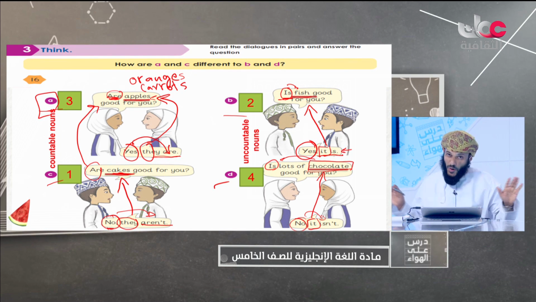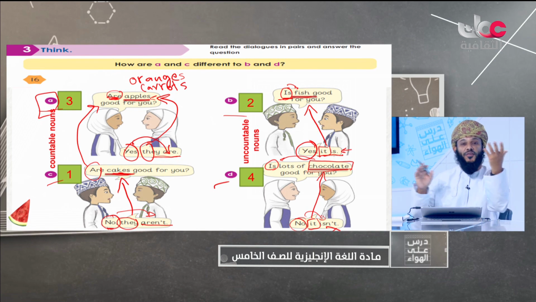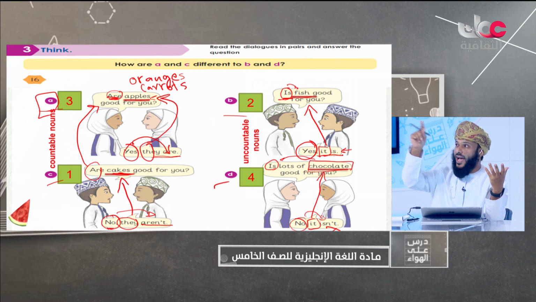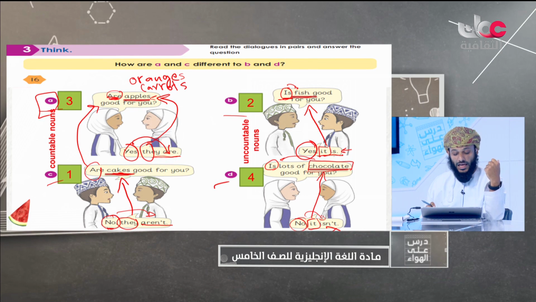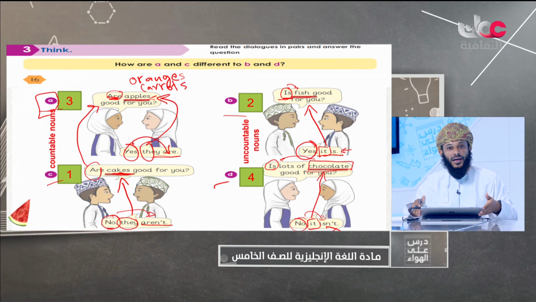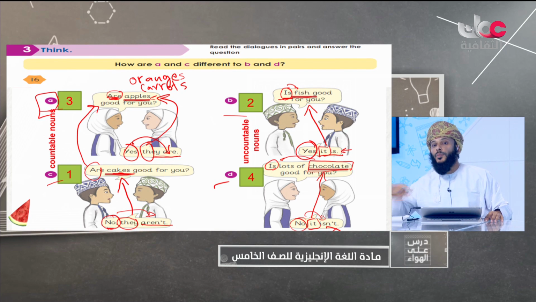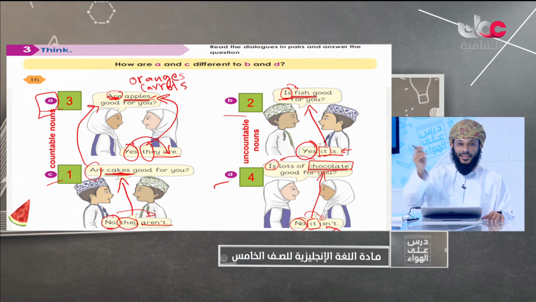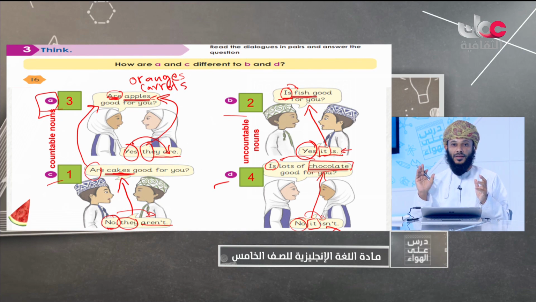If it's no, we say no, it isn't. Again, if we have countable nouns, we have to add s at the end of the word, like a computer, computers, a book, books, a pen, pens, an orange, oranges.